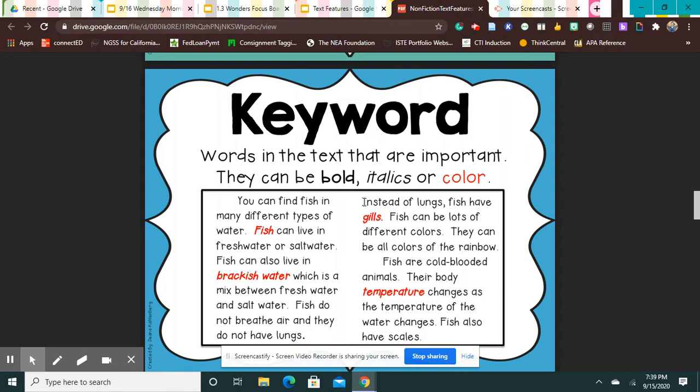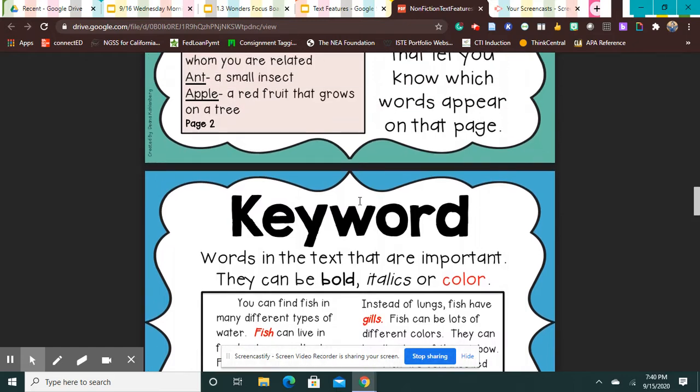That's just to make your brain pay more attention to those words. When you come to a word that's highlighted, your brain says, oh, this word's a little more important and I should really pay attention to it. So keywords are text features. They help you know the words that you need to be knowing and learning and that are important.